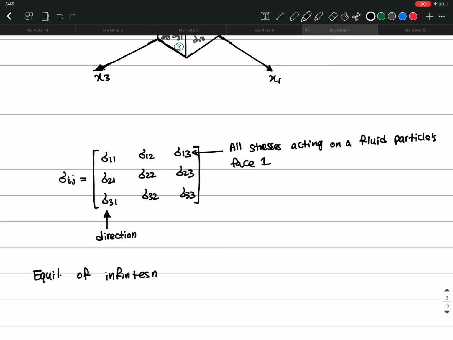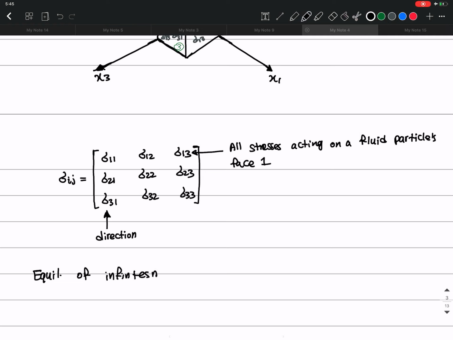What does this mean here? This means that this stress should equal this stress because they are in equilibrium. Otherwise, you will have some kind of distortion. Okay.